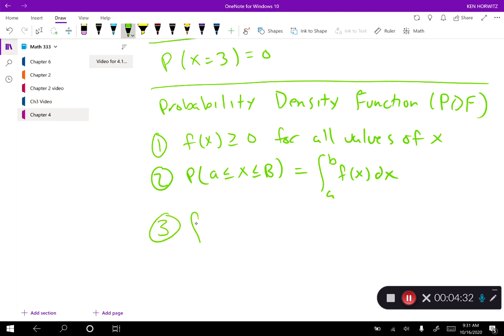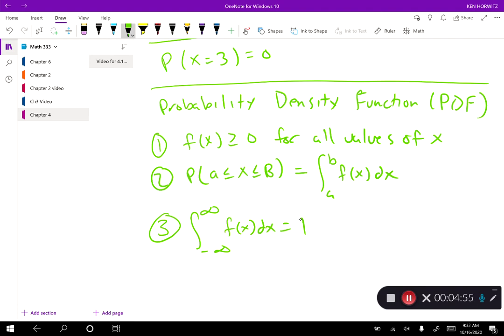Third requirement is that the integral from negative infinity to infinity of f of x dx equals 1. And that basically says that for all values where f of x is defined, if we add up all the probabilities, it should equal 1.